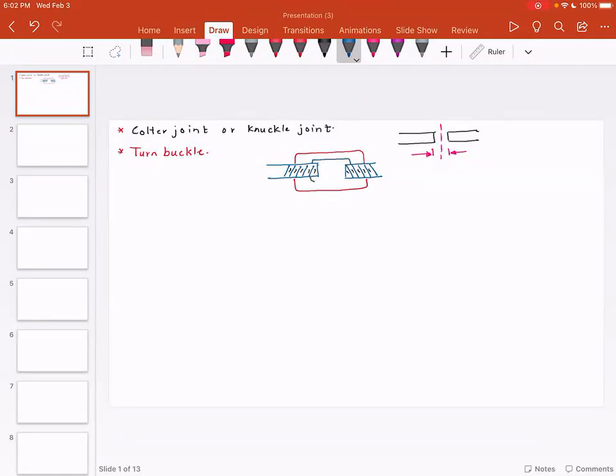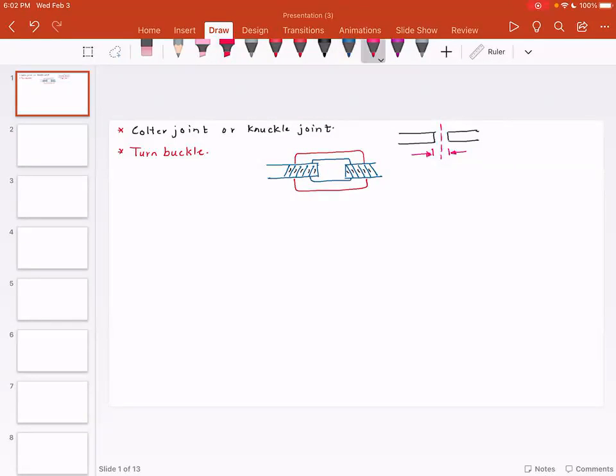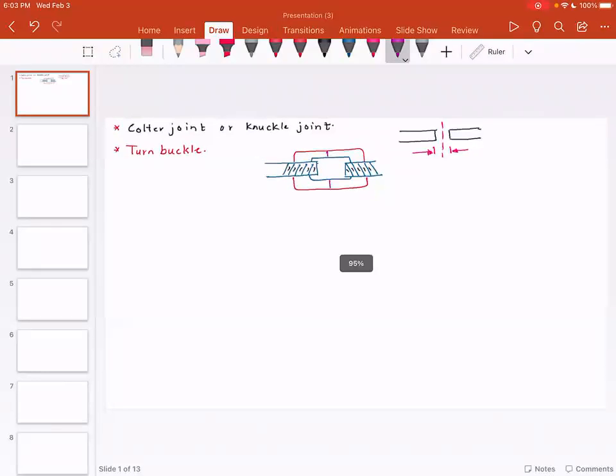So you have a matching thread. So you will have a left hand thread on the left side, and you will have a right hand thread on the right side. To draw, it would look something like this.